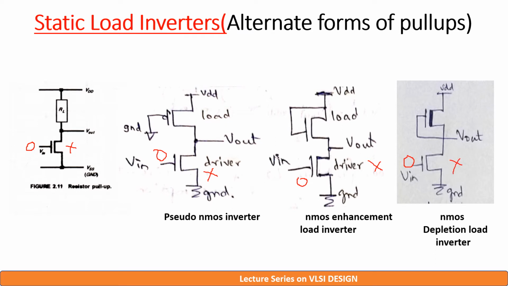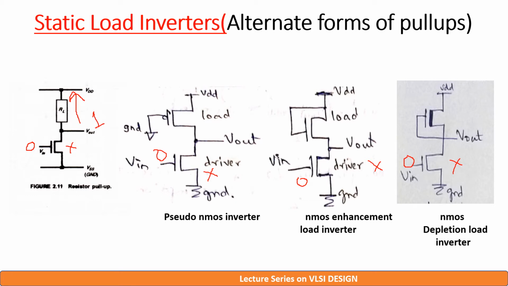So in resistive load inverter, the output will be offered a closed path towards VDD through this resistor, hence output will be logic 1.